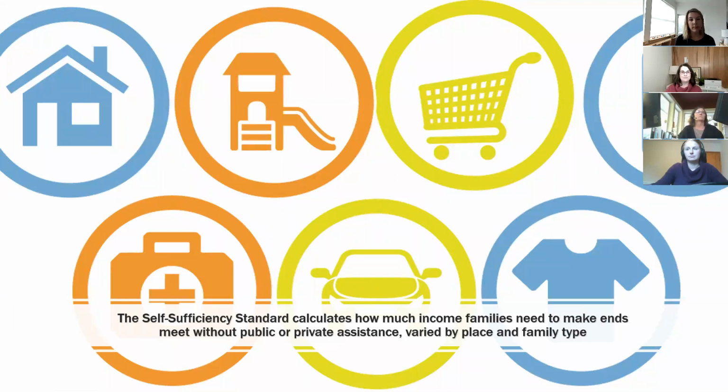Well, if the poverty measure is just an outdated measure of how much is not enough, how do we know how much is enough? That was the question Dr. Diana Pearce was tasked with in the 1990s as she was designing a performance measure for the goal of self-sufficiency in federal job training programs.